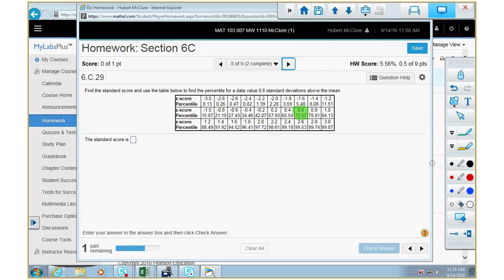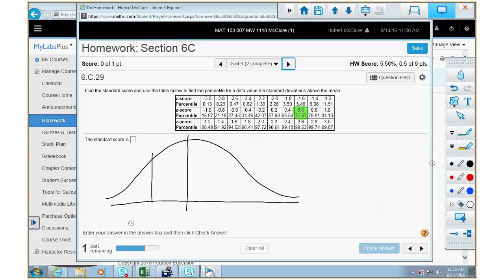On the Z table, on the Z normal distribution, I like to tell students, think of it as a gas tank. This is empty, so that'd be like 0. This would be like 25%, which is a quarter of a tank.